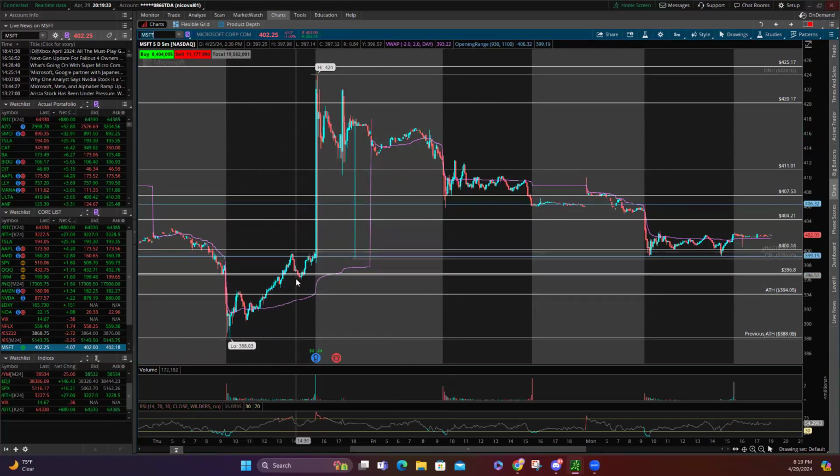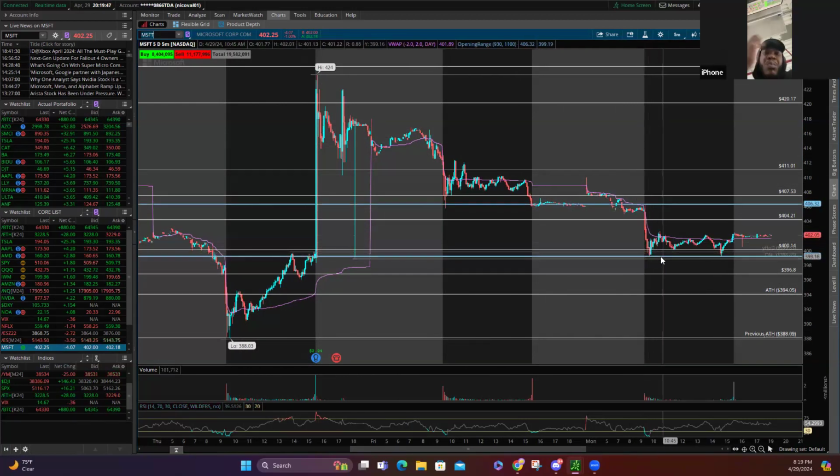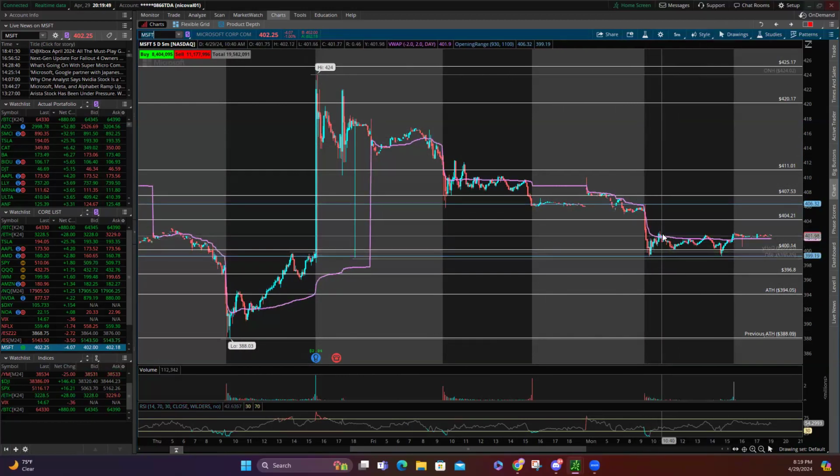You could have traded here or just let it run all the way until yesterday or Friday. And then resistance, resistance, resistance, resistance. Look, you could have entered here and gotten out at one of your levels here at resistance.